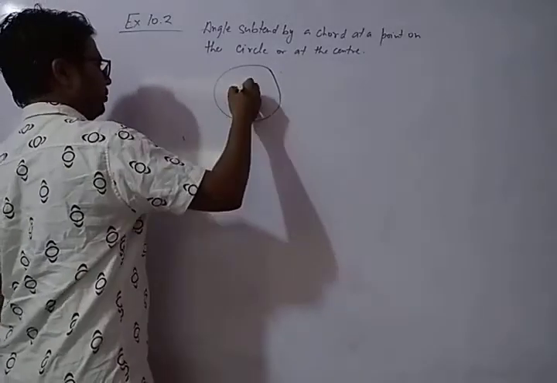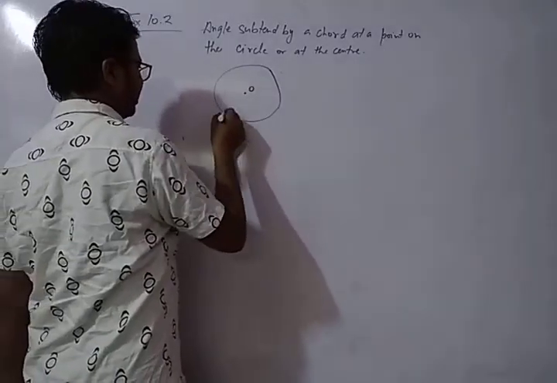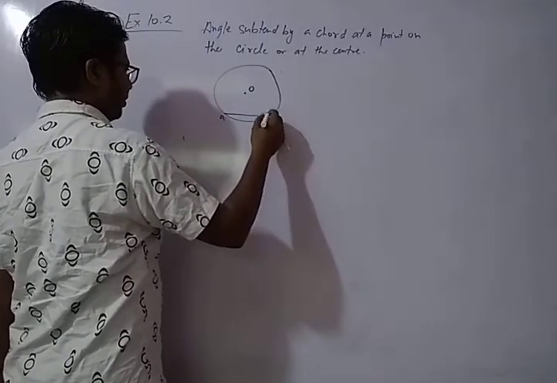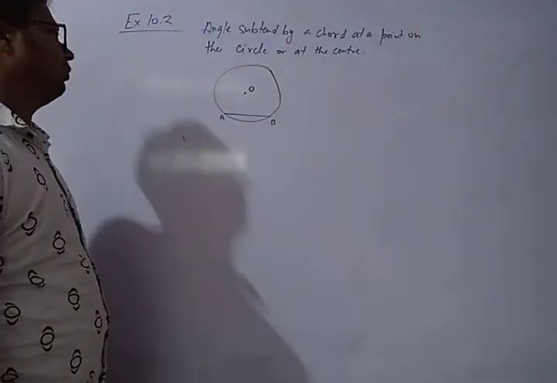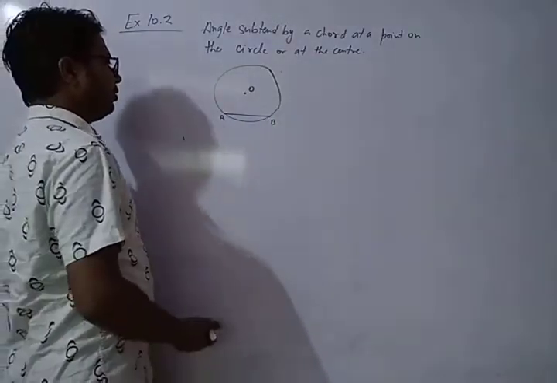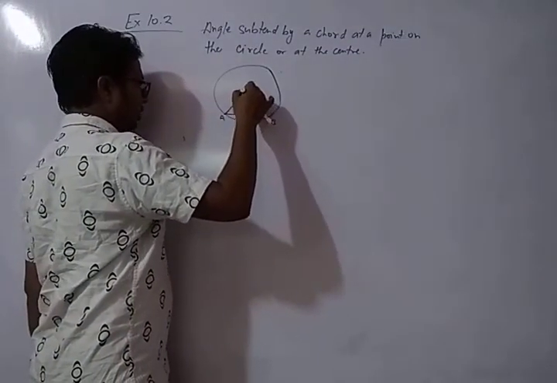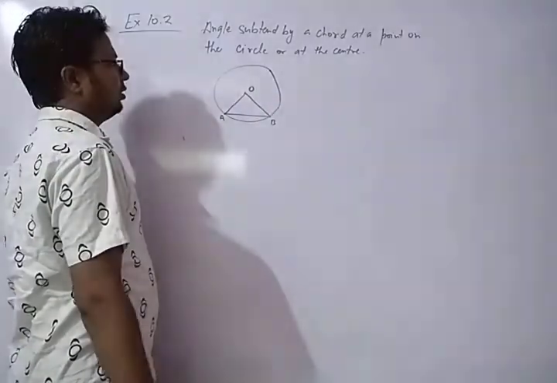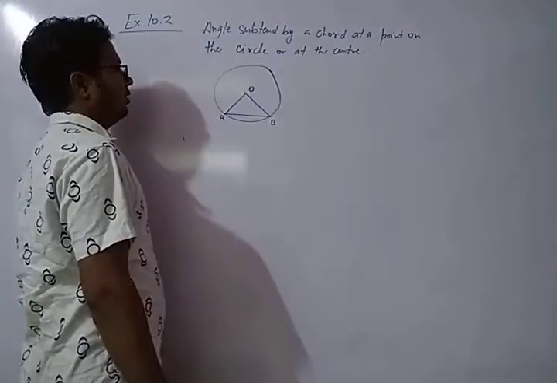It's a circle, it's a center O, where the chord is AB. Is it clear? Now, AOB is the angle subtended by the chord at the center.